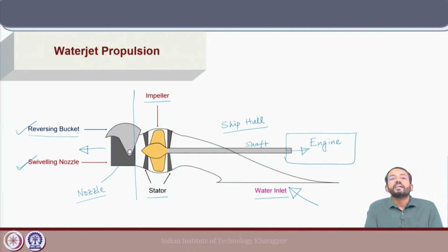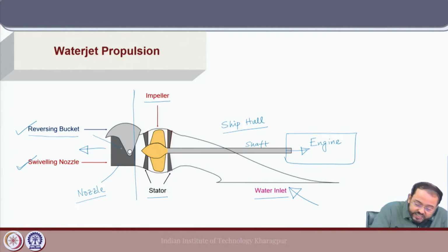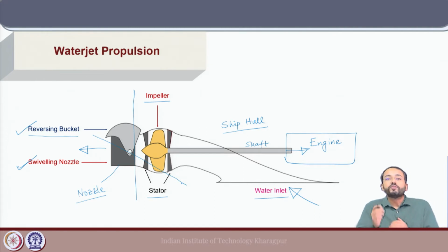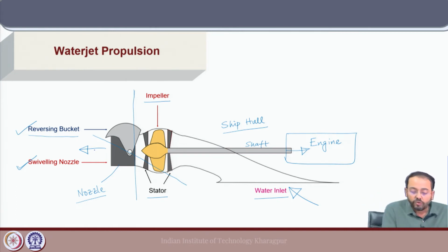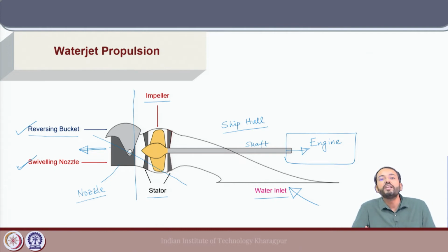Now, the other characteristic feature of the water jet propulsion system is the reversing bucket, which can be operated about a horizontal axis. So, this reversing bucket can be operated about a horizontal axis either in the open condition or it can be closed in such a way that when the bucket is open in the normal ship operation condition, the jet of water is coming out at the stern and the reaction force will push the vessel forward.